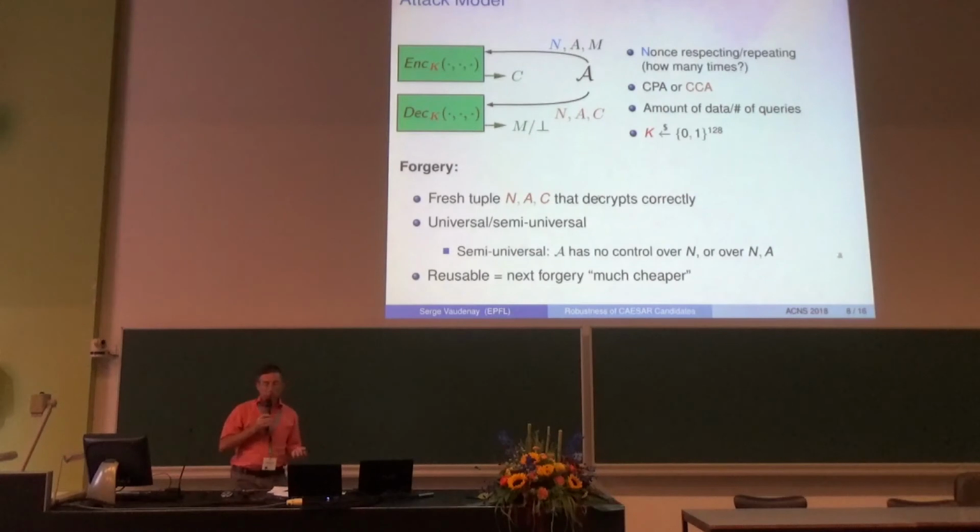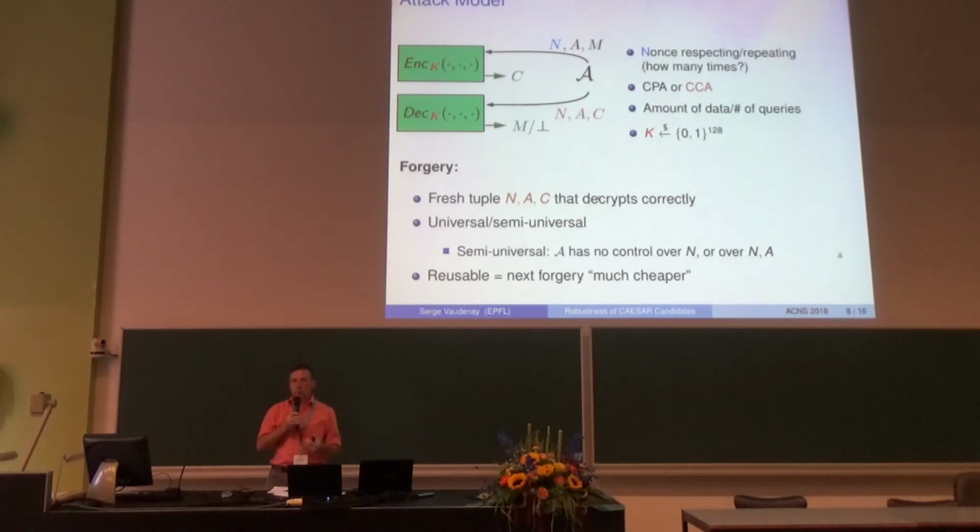If we want to make a forgery, we have to produce a tuple N, A, C which decrypts correctly, which doesn't produce an error, and this shouldn't have been the result of a submission to the encryption oracle. Forgery can be universal.